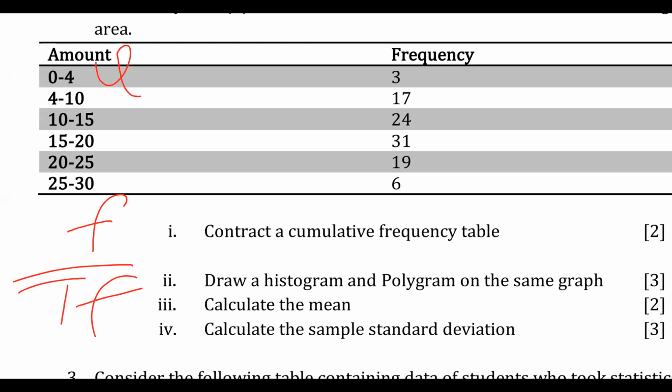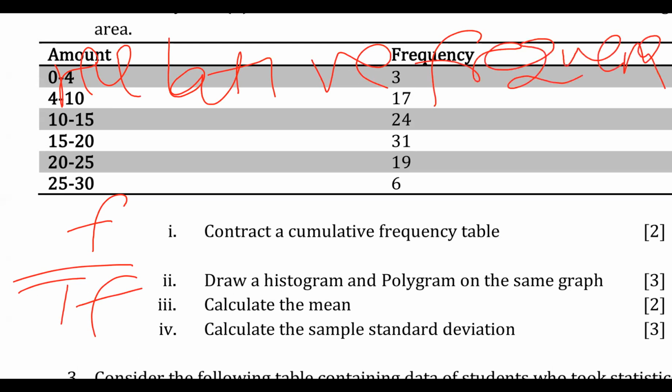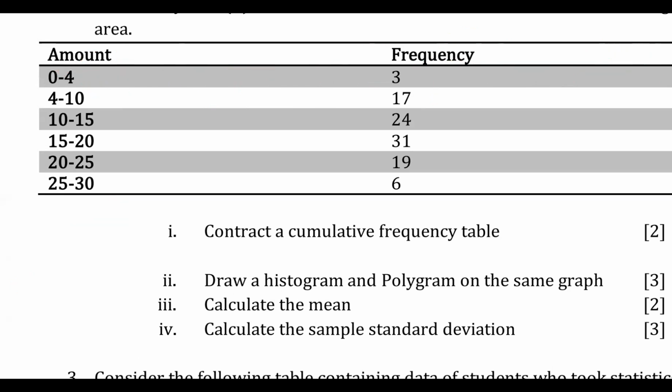If you're asked to come up with a relative frequency table, you start by dividing each individual frequency by the total frequency, which is 100.